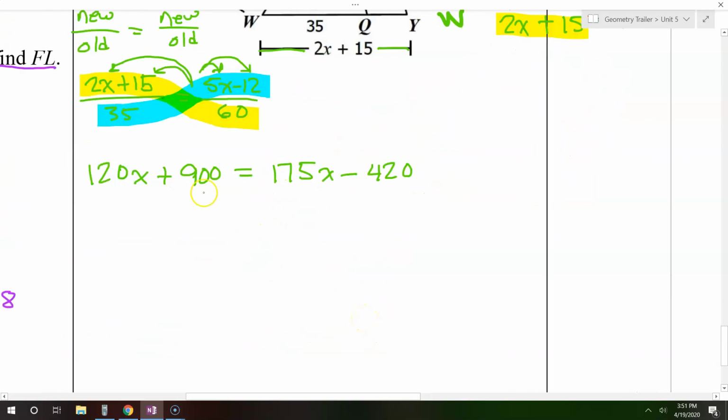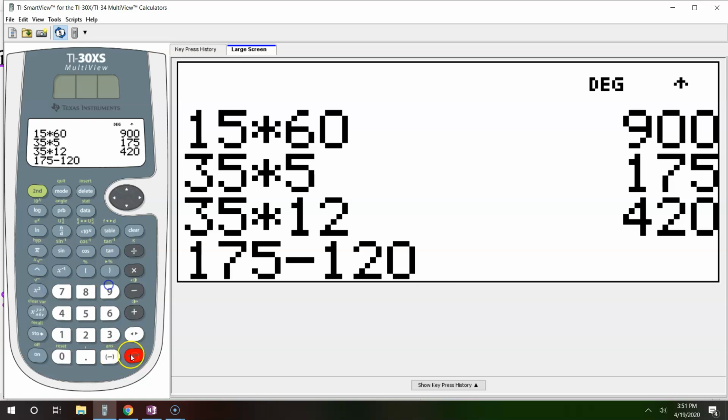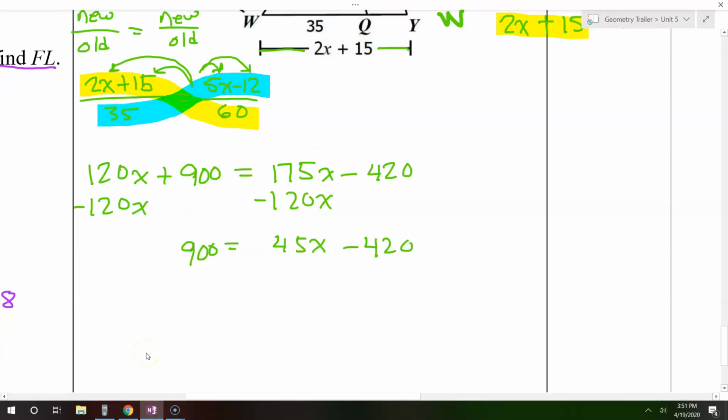Okay, let's get these x's together by subtracting 120x from both sides. So that'll give us 900 is equal to, I feel like that's going to be 45. It's 55.